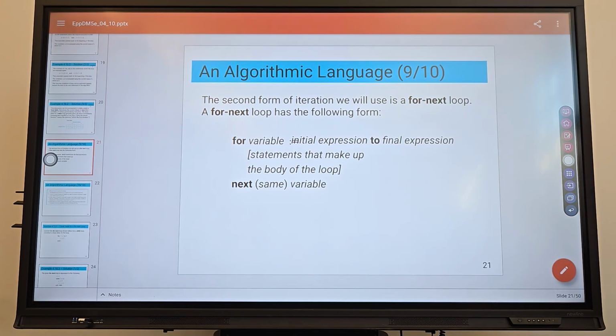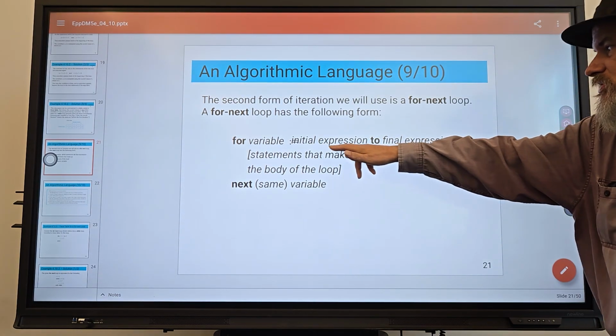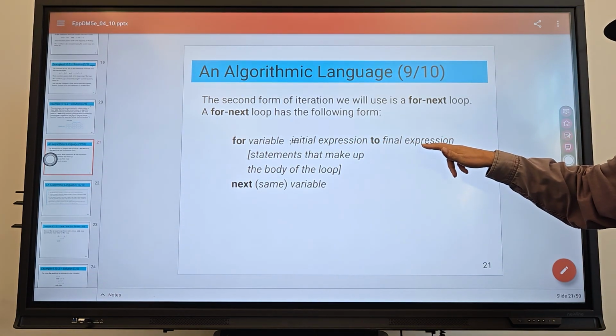Again, we have the for next loop. For next is another basic construct. They don't use the keyword next in other languages that I'm aware of. The for loop goes from initial expression to final expression.